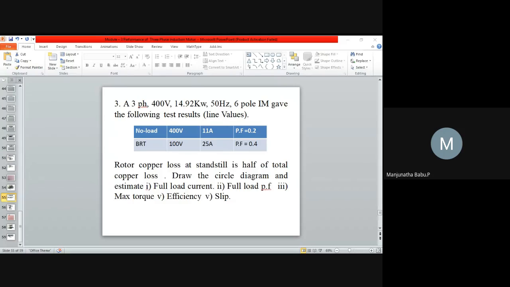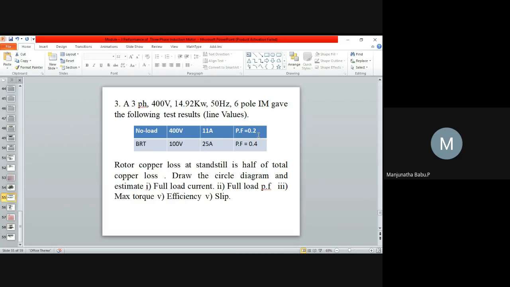So yesterday I gave one numerical: a three-phase, 400 volts, 14.92 kilowatt, 50 hertz, 6-pole induction motor. The no load test is at 400 volts, no load voltage V naught, I naught is 11 amps, and the power factor is 0.2.